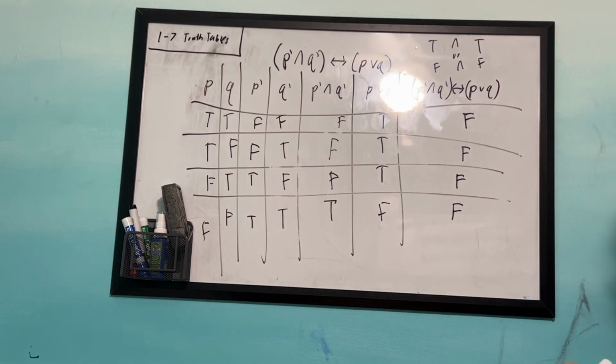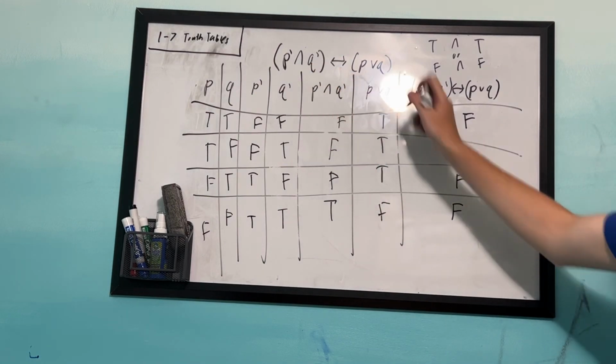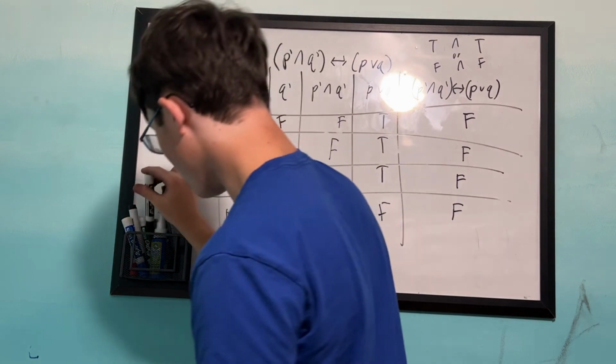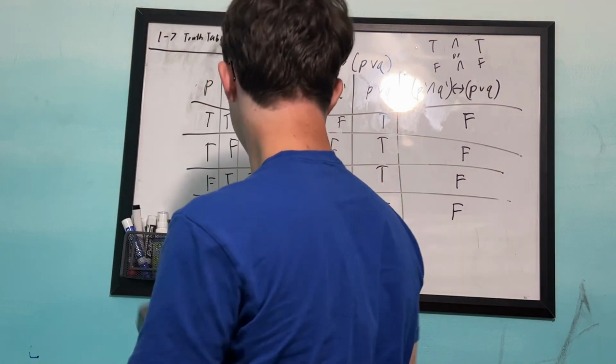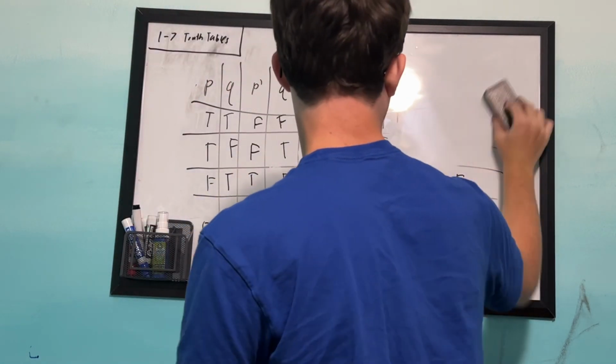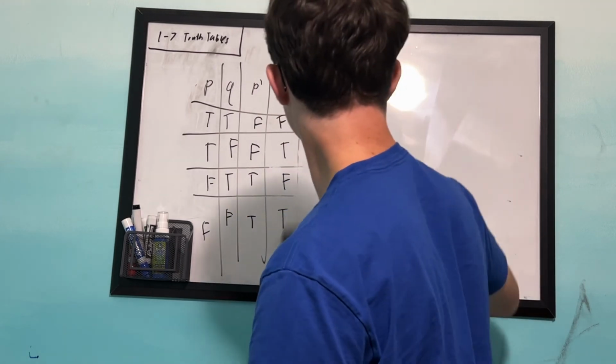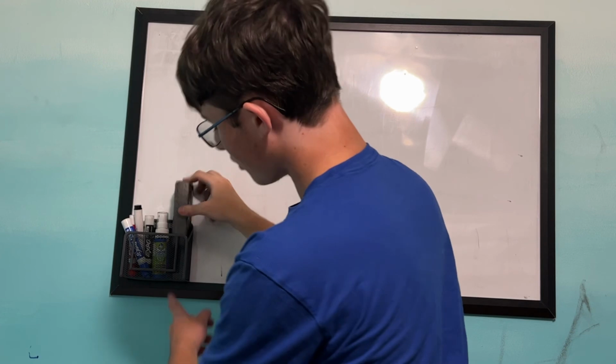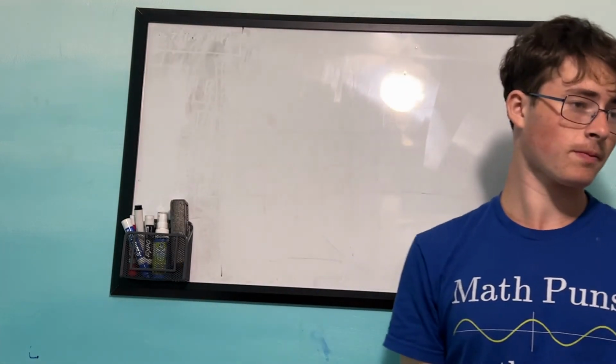So we're able to figure out that this statement is false for all combinations of P and Q. That's a pretty clean answer, I think. I believe that is it for this section. Bye.